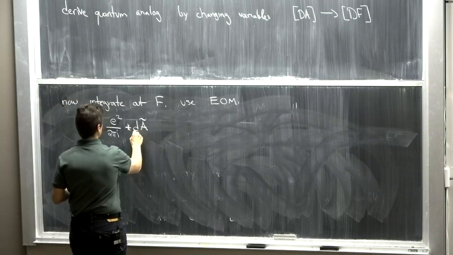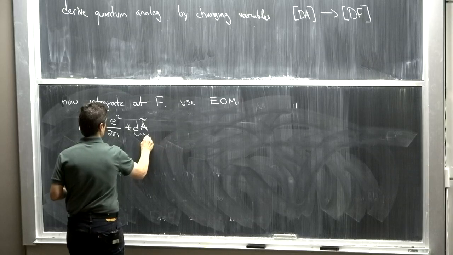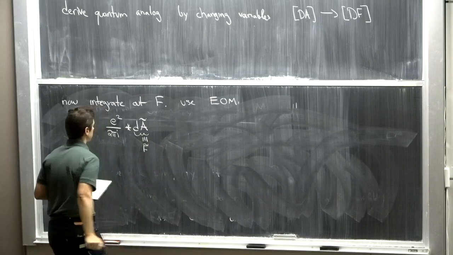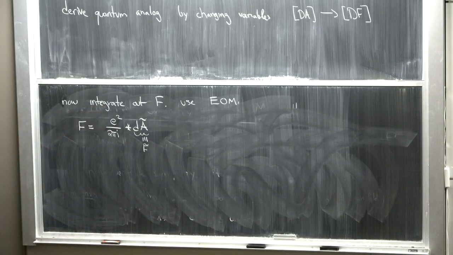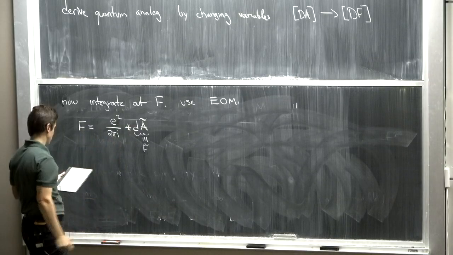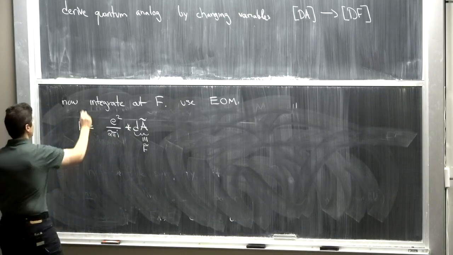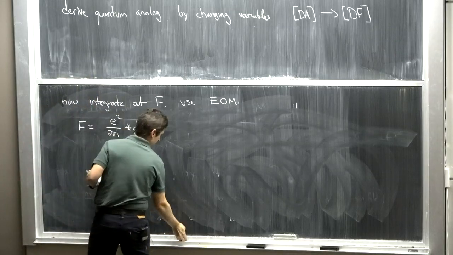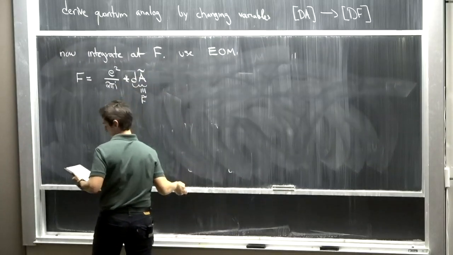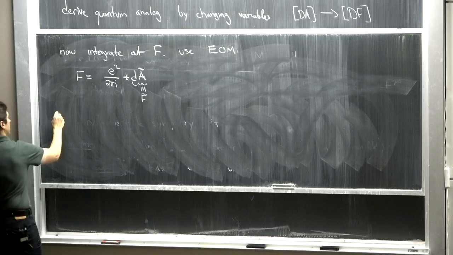And this dA tilde we could call F tilde. So we take this equation of motion, we substitute back in. What do we find? There's a limited amount of algebra that I can still do, but this amount of algebra I can.